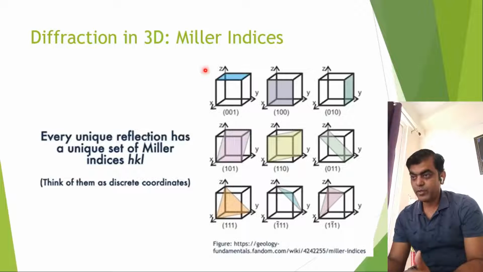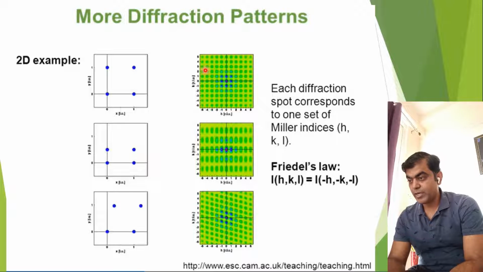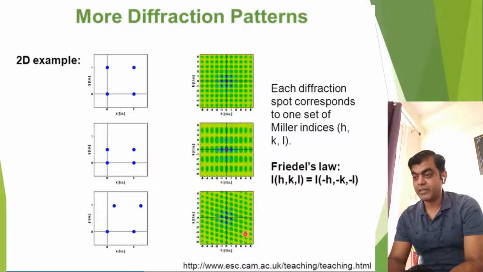So coming to Miller indices, in a 3D diffraction, what you know is HKL, and this HKL can be represented in different 2D plots, and when you convert them in a function, you see they create different spots of Miller indices, right?